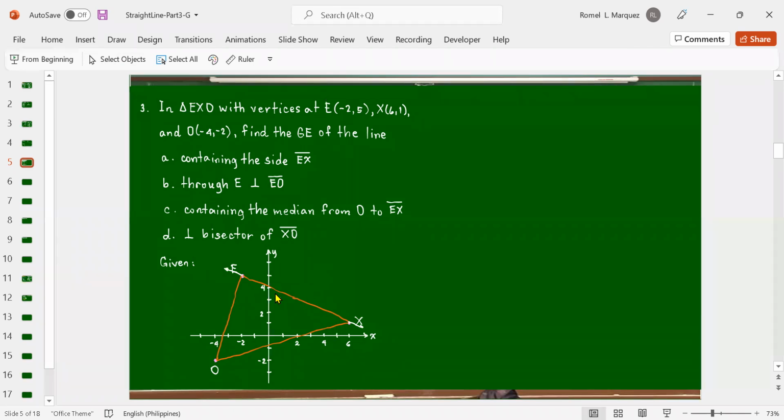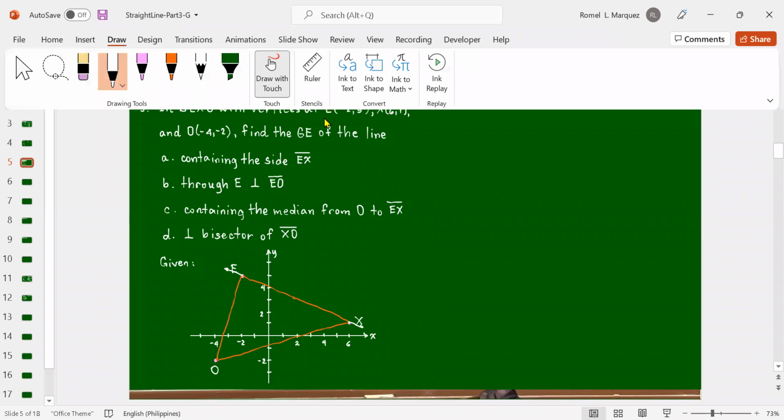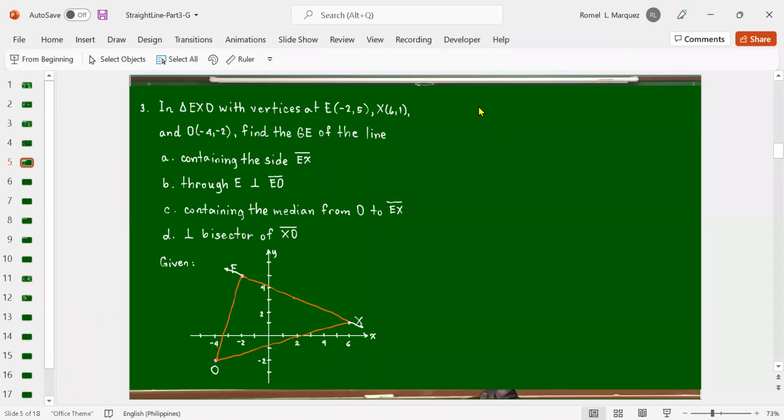So we have already 2 points, E and X. So we use either the 2-point form or point slope. If you use point slope, you solve first the slope. Okay, guys? If you use the 2-point form, then you use these 2 points. So for this line, we call this line containing EX, no?